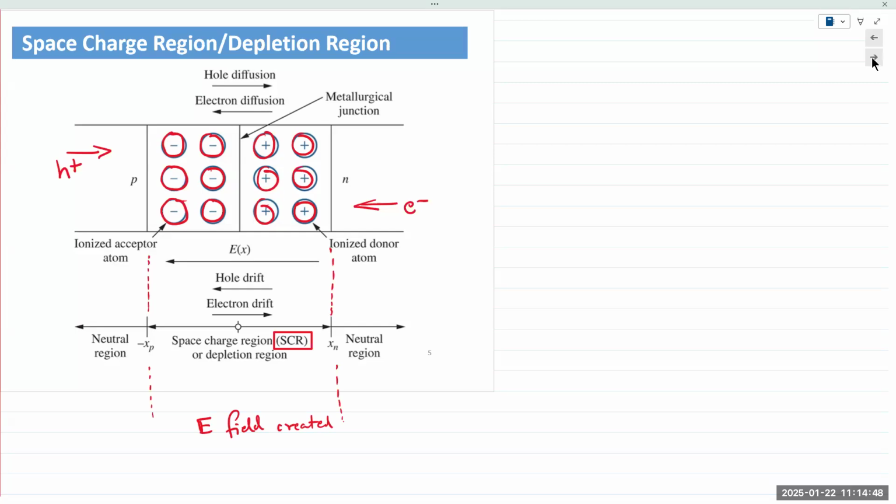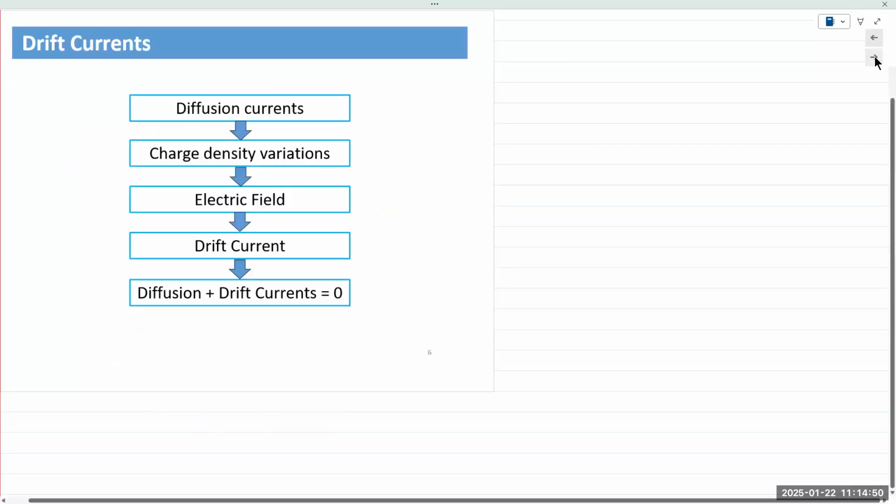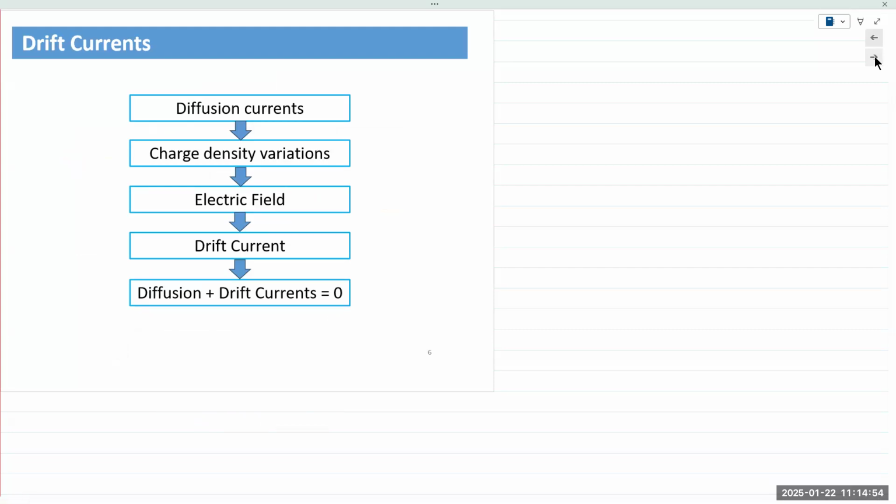So let's recap. We have a p-type material and n-type material coming into contact. Because of the gradient of charge carriers, the electrons from the n-type material and the holes from the p-type material diffuse through the junction. This would continue until the charge is evenly distributed.